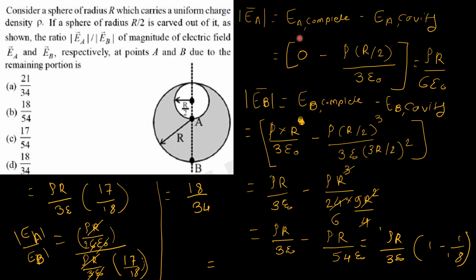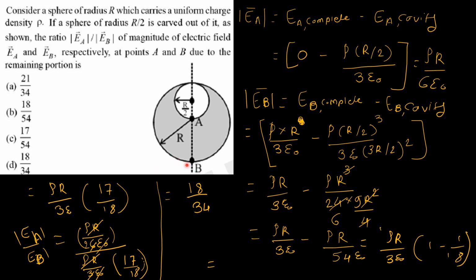A is the center point for the bigger sphere, so at the center point electric field intensity is 0. Now for the cavity A is a surface point, and the formula is rho r upon 3 epsilon naught. The radius value is r by 2, so we get rho r divided by 6 epsilon naught.